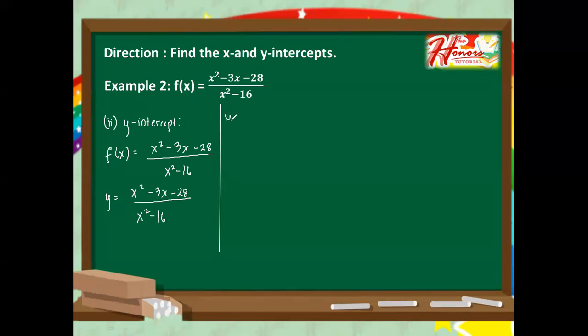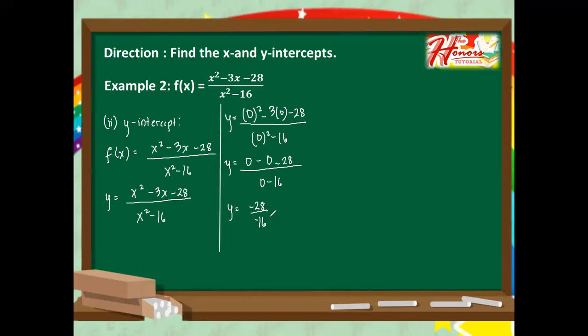Now we have here y equals 0 raised to 2 minus 3 times 0 minus 28 over 0 raised to 2 minus 16. So y equals 0 squared is 0, 3 times 0 is 0, minus 28. 0 squared is 0 minus 16. So y equals negative 28 over negative 16.